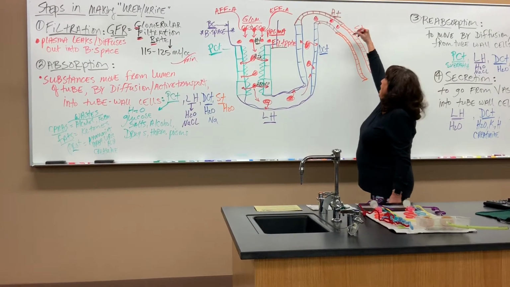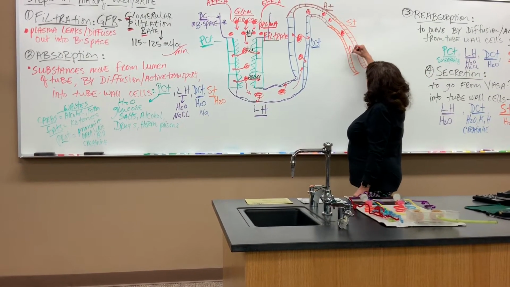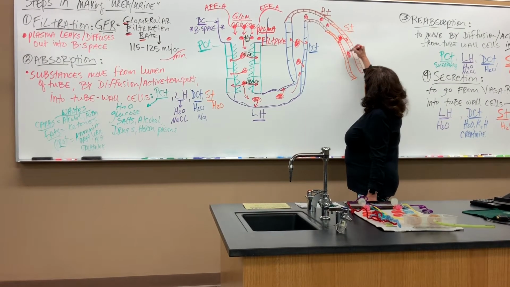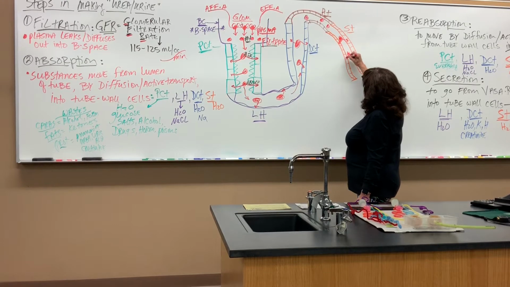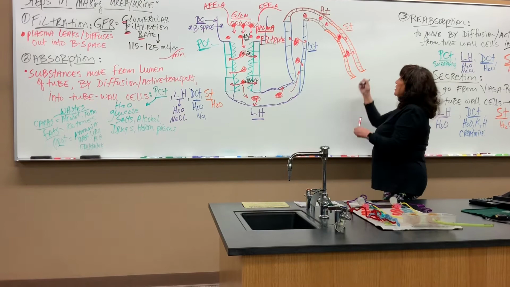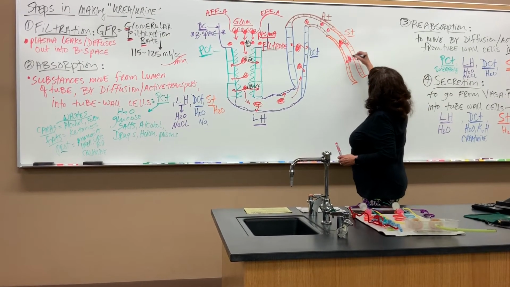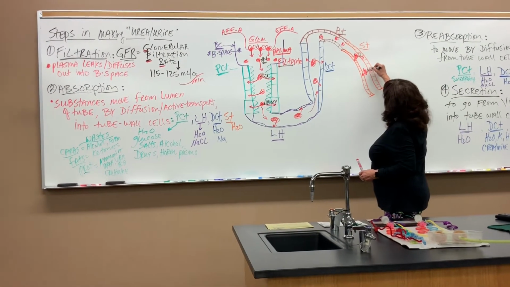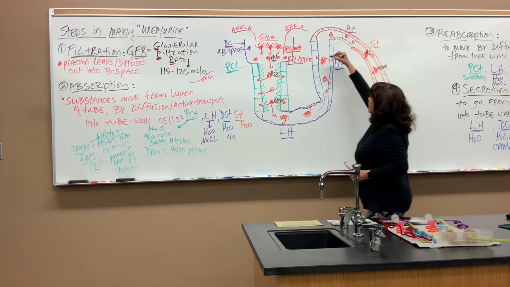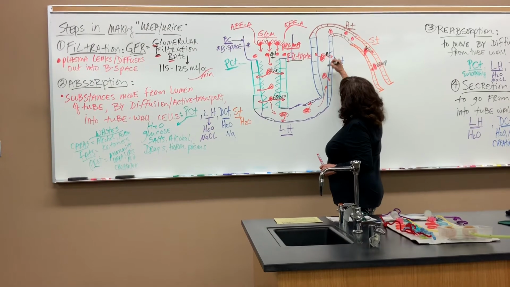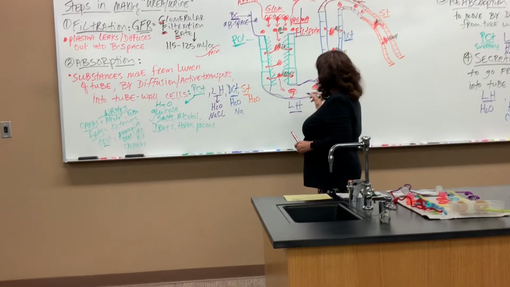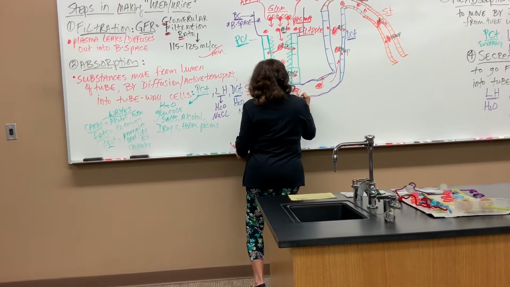And so in the straight tube right here, it's going to absorb certain items. So that would be step 2 right here, absorption, number 2 there, number 2 here, absorption.